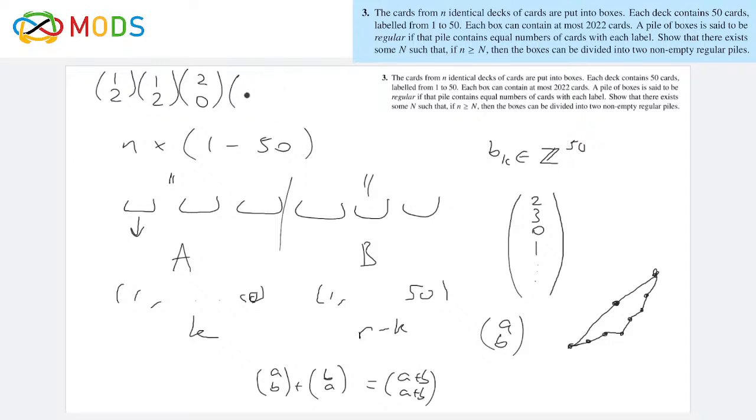I feel like the cards are just there to keep the size of the vectors finite. Yeah, exactly, as in bounded. If it's not bounded, then you could put all the cards in a single box.